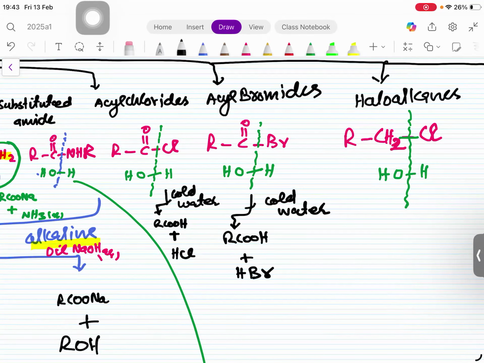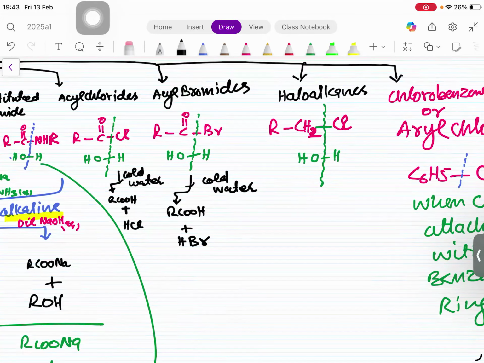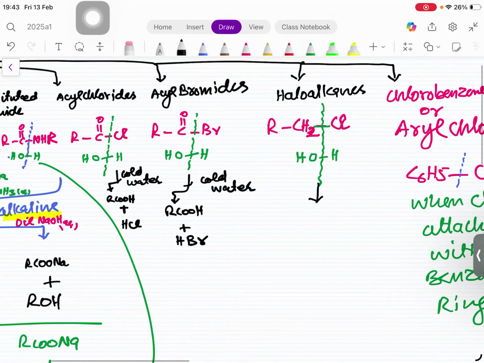Now come to haloalkane. Haloalkanes are different. They don't react with water or acid. They undergo hydrolysis when they react with sodium hydroxide. So they directly undergo only alkaline hydrolysis. So instead of reacting with water, they react with aqueous sodium hydroxide.